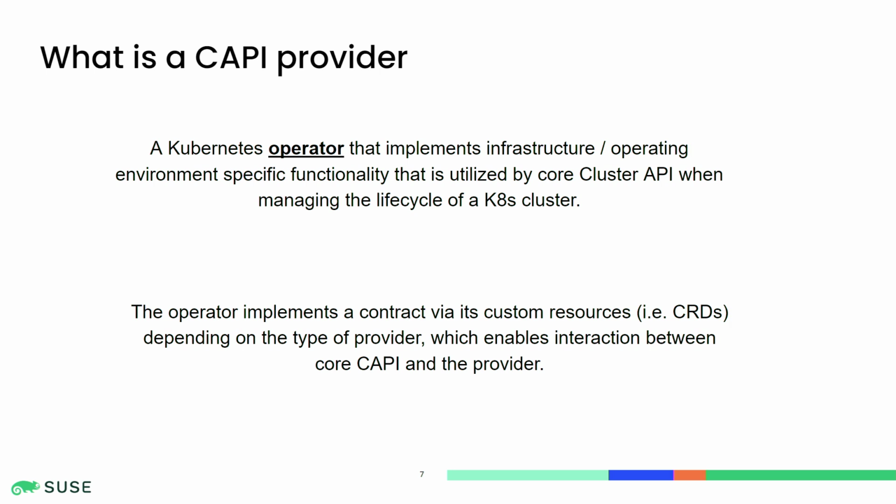You just install this provider, and then the cluster accepts declarative definitions for Docker machines, Docker templates, and things like that. As well, it could be AWS, GCP, AKS, everything supported upstream. Additionally, in Rancher, we have the RKE2 bootstrap provider and control plane provider we're using, which is also a provider in the CAPI world. It satisfies a set of contracts and basically provisions your cluster using this product.